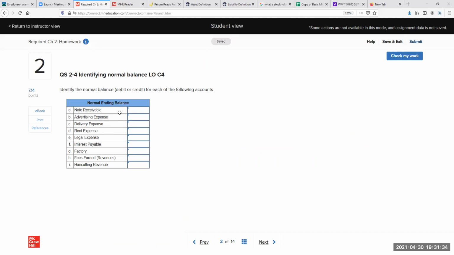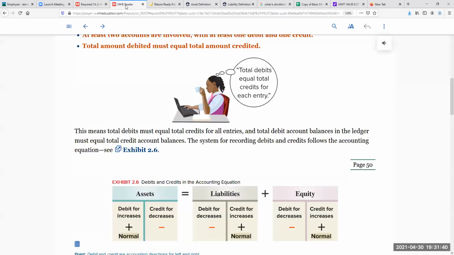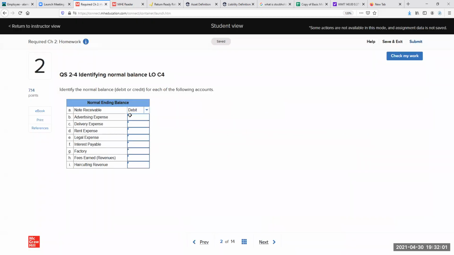If somebody owes you a note, you loaned somebody some money, that's a debit, because that is the side that increases it. Now, if you have a liability or equity, what side do they increase on? The credit. Their normal balance is whatever side increases. Assets increase on the left side, so their normal balance is the left side. Liabilities and equity are increased on the right side, so their normal balance would be on that side.